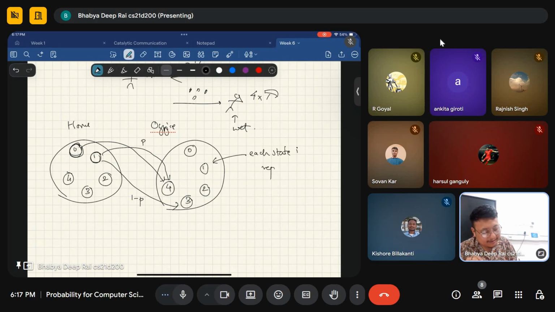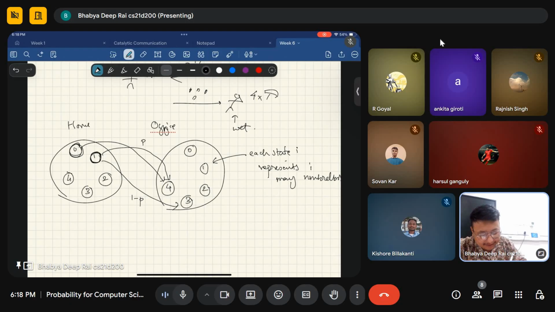Each state i represents i many umbrellas. Okay, and so if I am at state 1, it means I'm inside home.